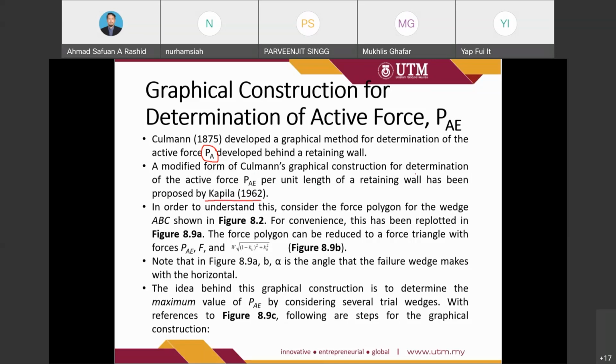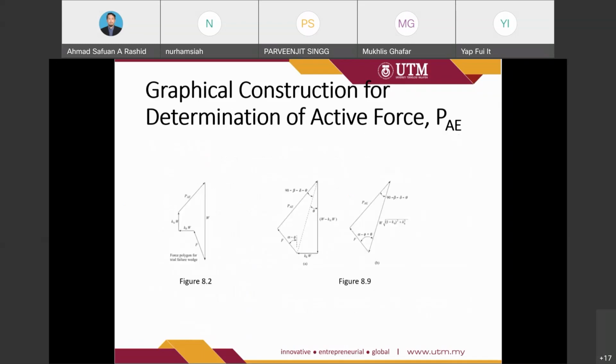Okay, so Capilla has improved the Coleman approach to include the dynamic load or the earthquake event. In order to understand this, consider the force polygon for the wedge ABC, as shown in figure 8.2. Actually it is the same as the one that I discussed in the Mononobe-Okabe.